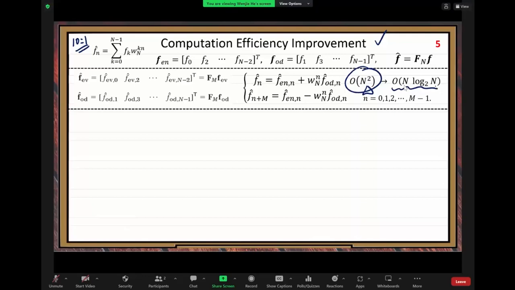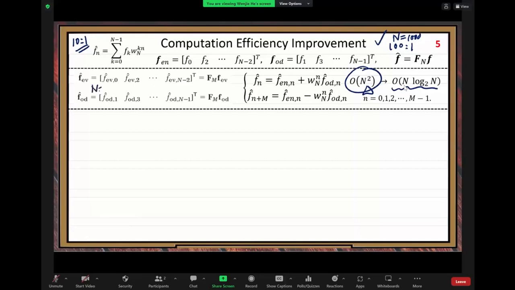How big? Last time I used two examples to show you the improvement. In the first example, when capital N equals 1,000, the ratio of improvement is 100 to 1. So the faster FFT would use 1/100th of the original time. But in the second one, we can save even more.